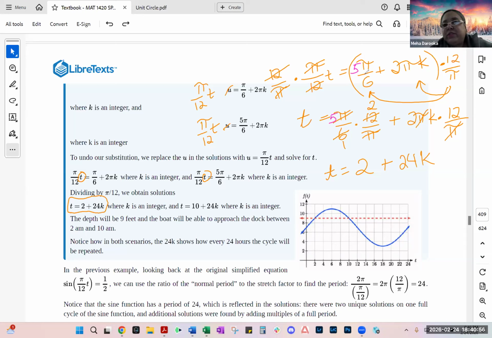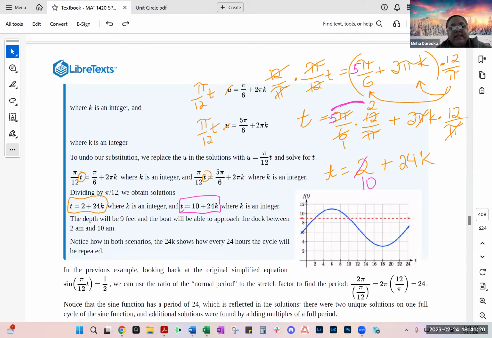The only thing that will change is that instead of pi over 6, we have 5 pi over 6. So you will end up multiplying 5 times 2, which will replace this with 10, but you will still have 24k for the other half. So that just ends up becoming t equals 10 plus 24k, where again, k will be your integer.